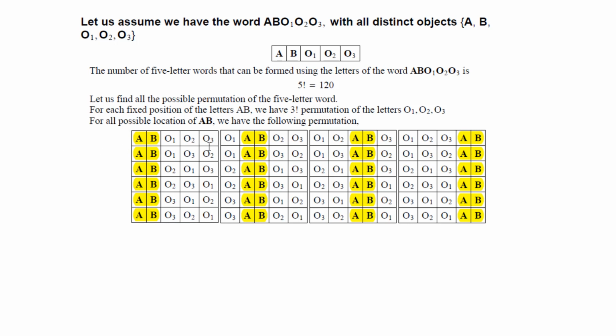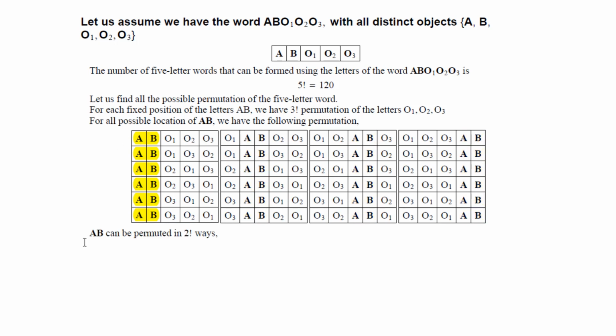Now, how many words does each table have? We can see that we have 1, 2, 3, 4, 5, 6, because we have 3 factorial resulting from permuting O1, O2, and O3. However, AB can be permuted in 2 different ways. We can write AB or BA.